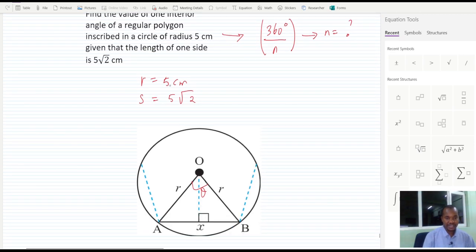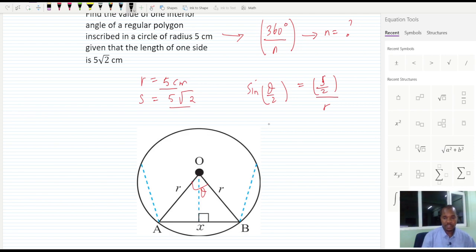We were given radius is 5 and S is 5 root 2. We have seen that sine of theta over 2 is half of the side divided by radius, dear students. So sine of theta over 2 is 5 root 2 over 2 divided by the radius, which is 5.